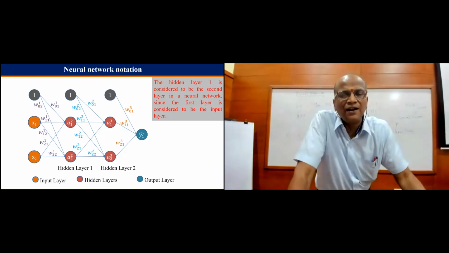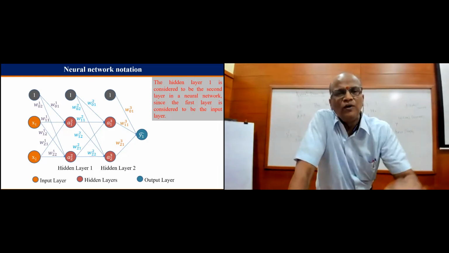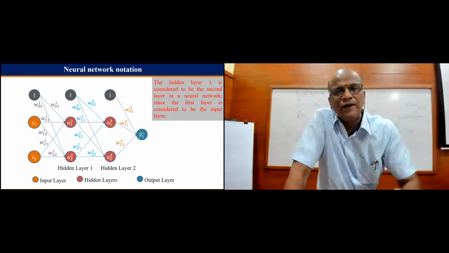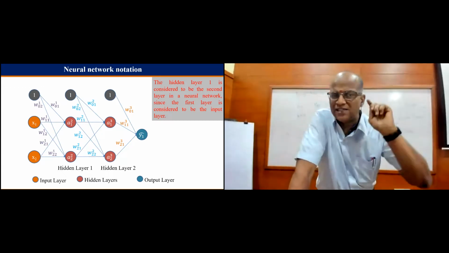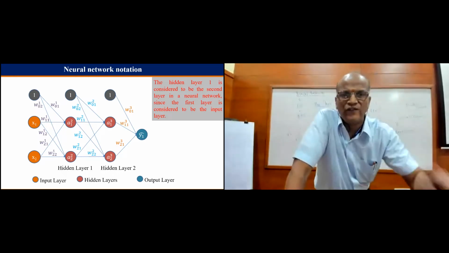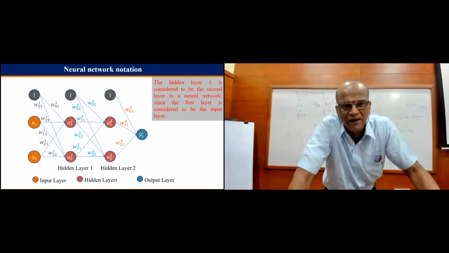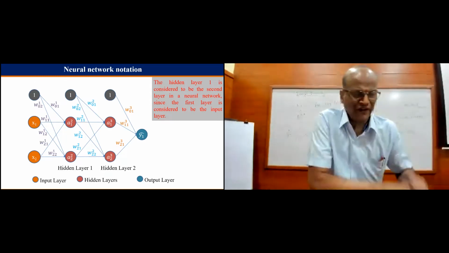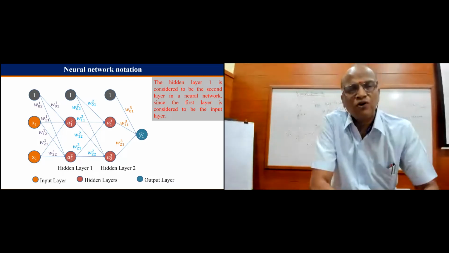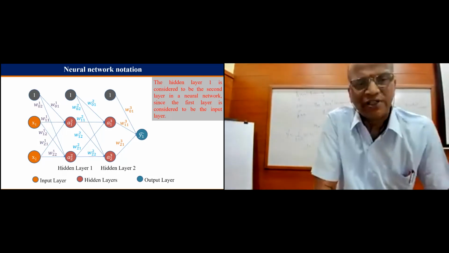So you can see that to reach the state A12, that neuron gets the input from the first bias unit on the first layer. So the weight for that will be W01 superscript 1. It also gets the information from the first orange neuron X1, given by the weight W11 superscript 1.